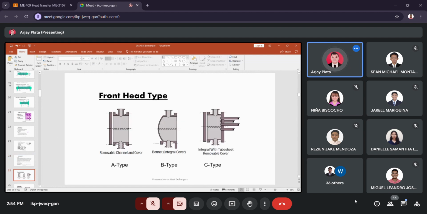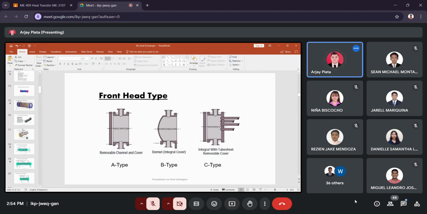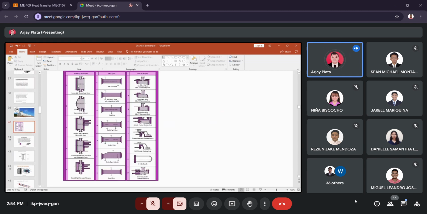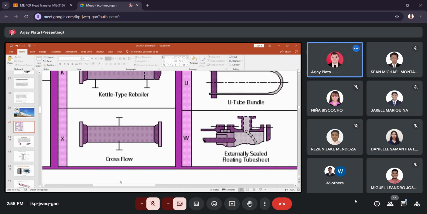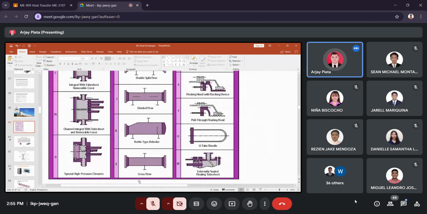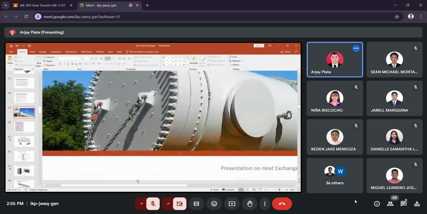So we have front head types, we have A type, B type, and C type. So these types are based on the TEMA standard. So we have here the TEMA standard, this table. I'll just show you. So these are the tables.